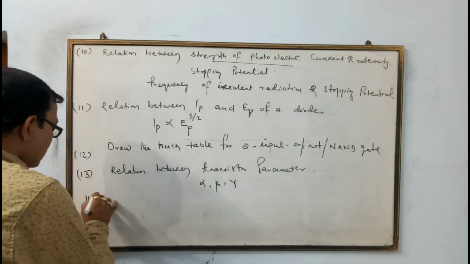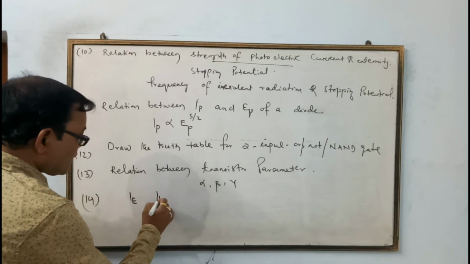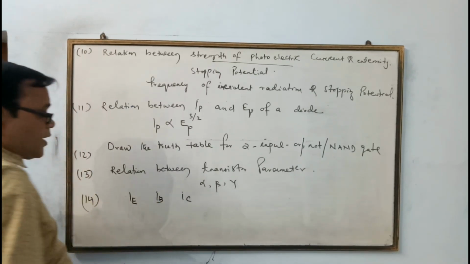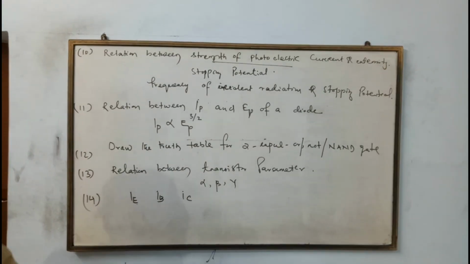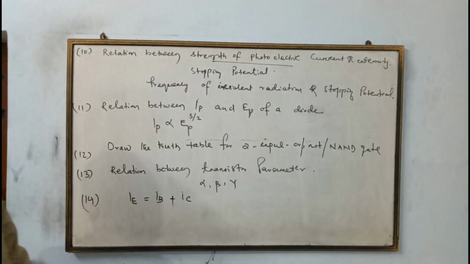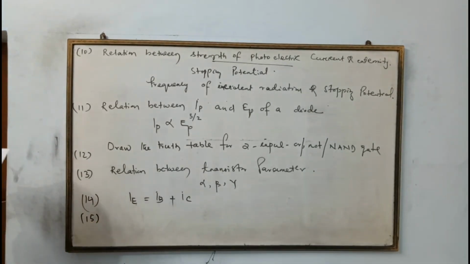What is the relation between emitter current, base current and collector current? The relation is IE is equal to IB plus IC.